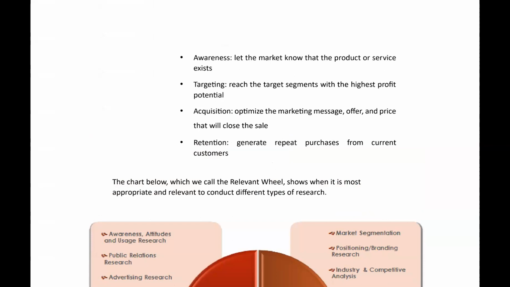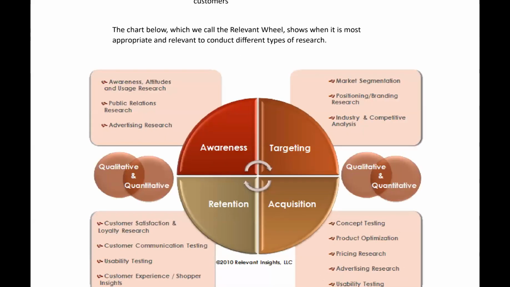And acquisition is where we optimize the marketing messages, the offer, and the price so that we close the sale. Retention is another area where we generate repeat purchases from the current customers. That is called retention. Are we able to keep the same customers?